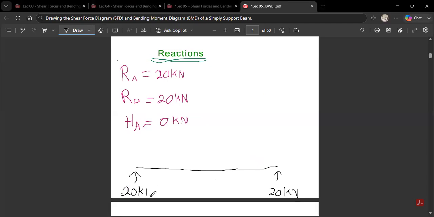So that is it, 20 kilonewton. We had some 20 kilonewtons at the top here too. Let me quickly put them down. You have to come and do it, draw the diagram again. This is the continuation.